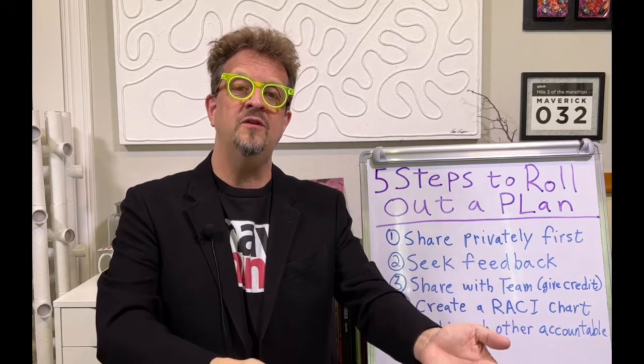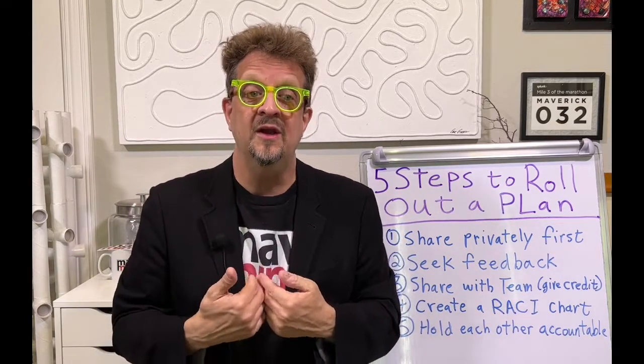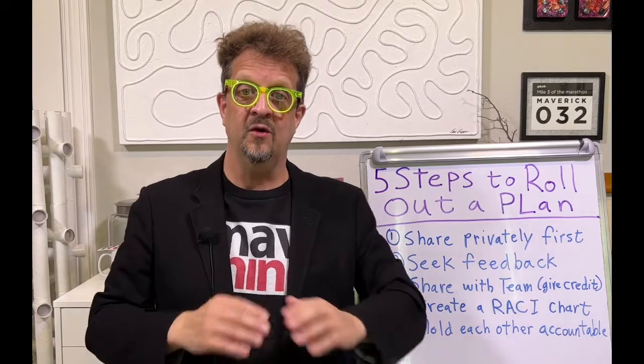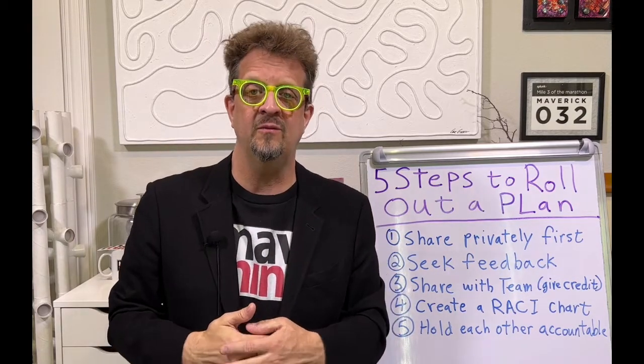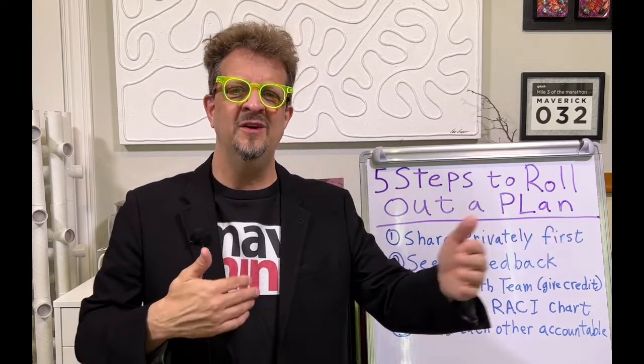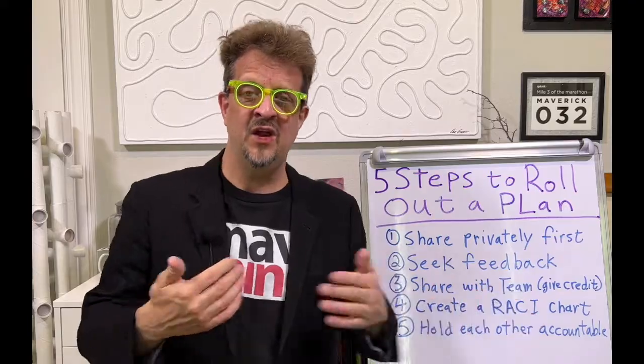But make sure you tell them that they can hold you accountable too, to make sure the whole plan gets completed, or that you get your task if you have specific tasks that you have to be accountable for that's specified in the RACI chart, okay? So it makes it seem more fair, it makes you more democratic, and ultimately it creates the ultimate success of rolling out any plan that you have with your team.